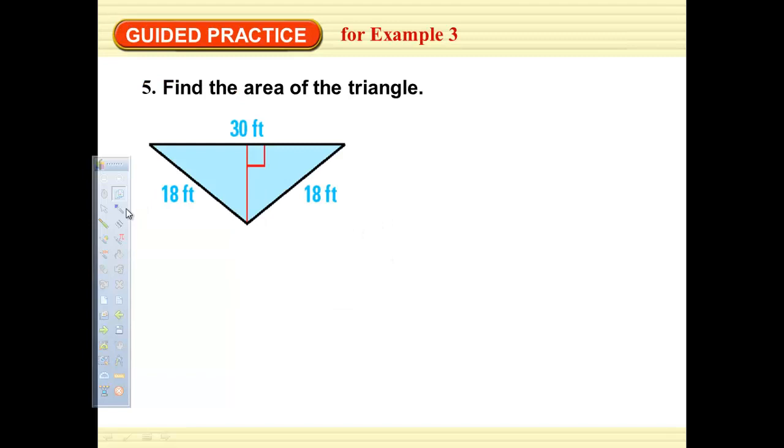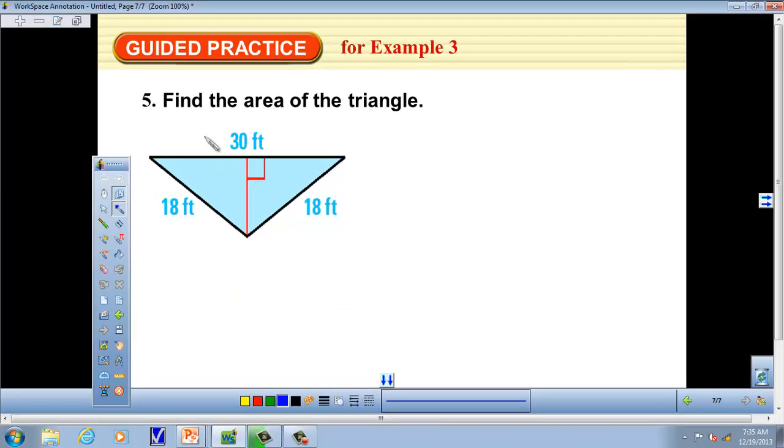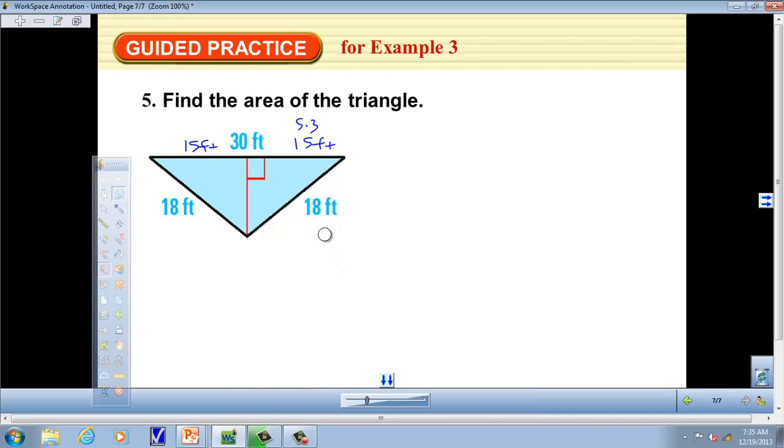If we look at this carefully, same type of problem. This is cut in half, so this ends up being 15 feet, and this also ends up being 15 feet. We want to see if there's a 3, 4, 5, or 5, 12, 13 here. This is 5 times 3, and this is 6 times 3, so there's no 3, 4, 5 there, or 5, 12, 13.